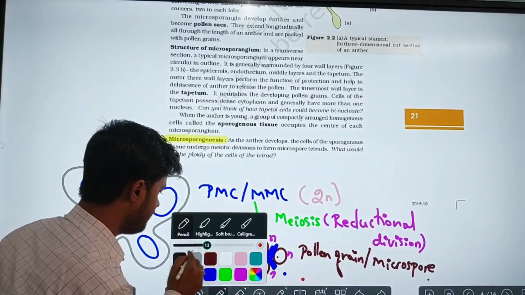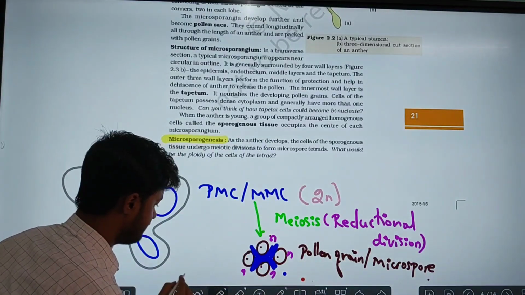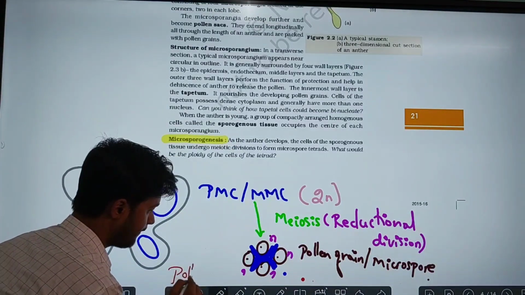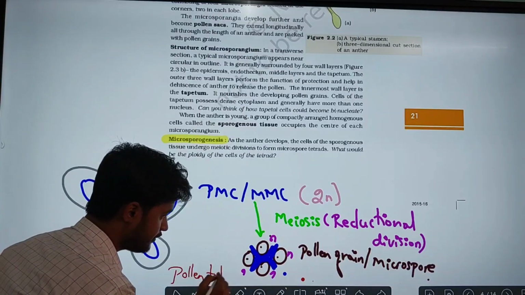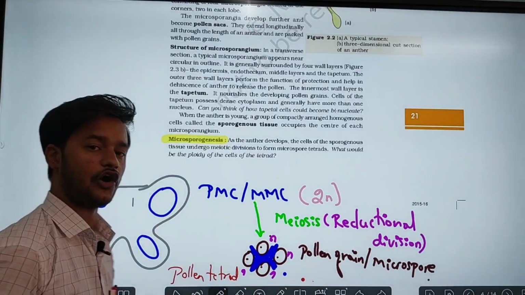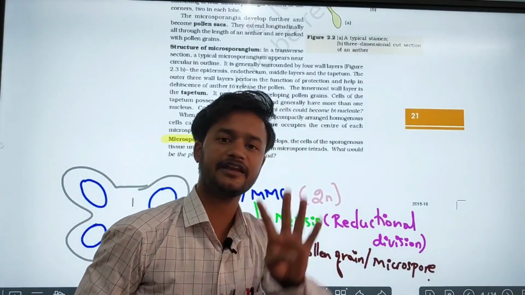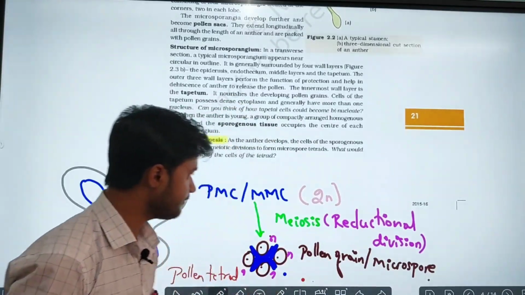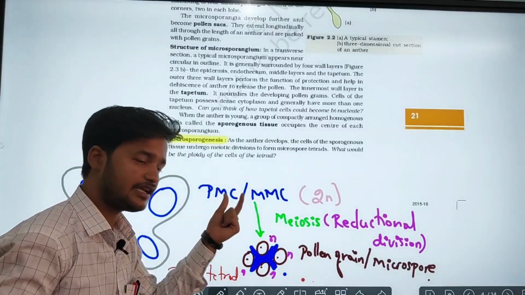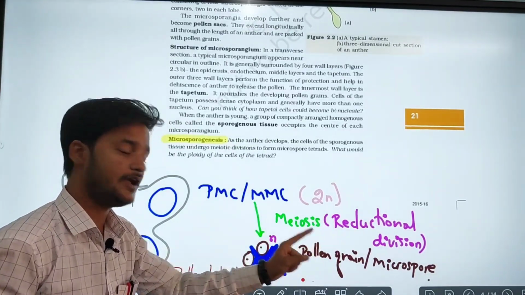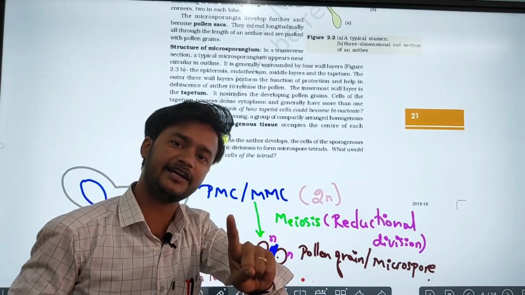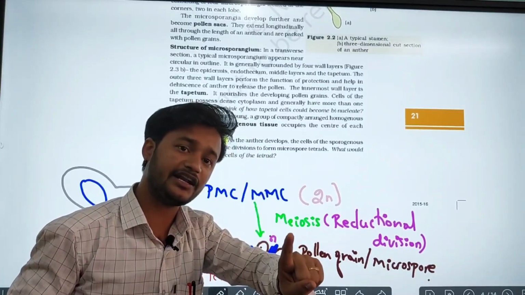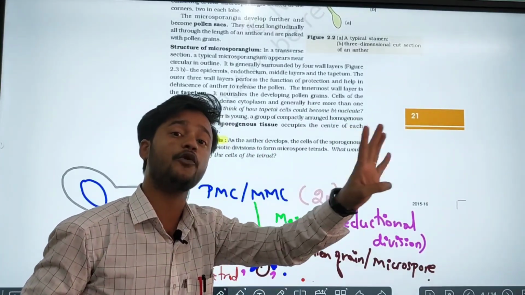So one pollen tetrad has how many pollen grains? 4 pollen grains or 4 haploid microspores, right? So if one pollen mother cell undergoes meiosis, it produces one pollen tetrad, containing 4 pollen grains.